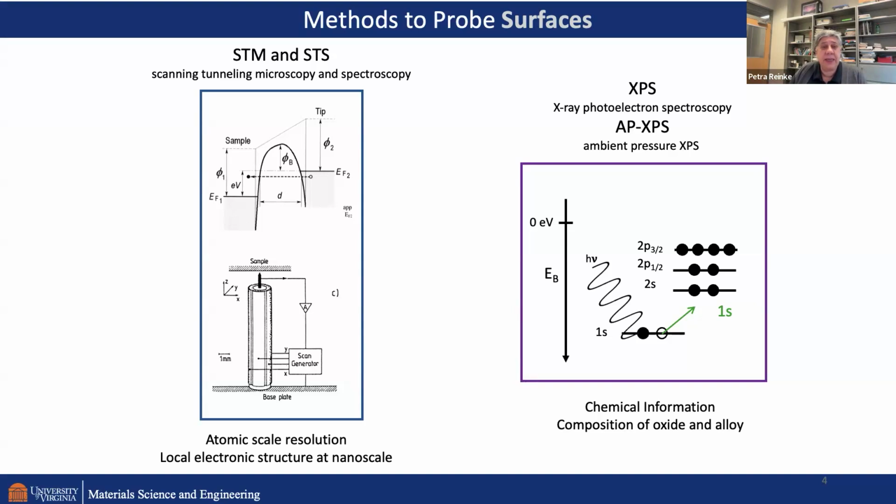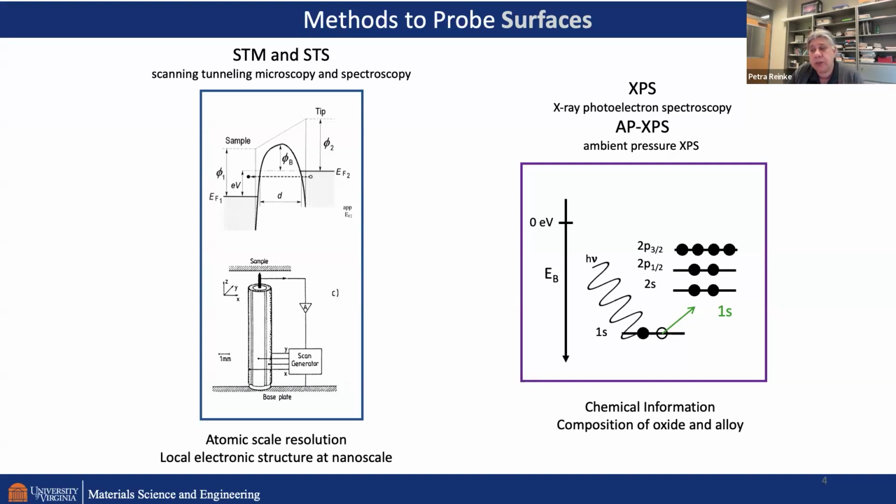STM is a method where you essentially use the tunneling current between a very sharp tip and the sample to do two things. One is you have geometric information because your tunneling current is very sensitive to very subtle variations of height or apparent height at the surface. But it also gives you information about the local density of states at the surface.